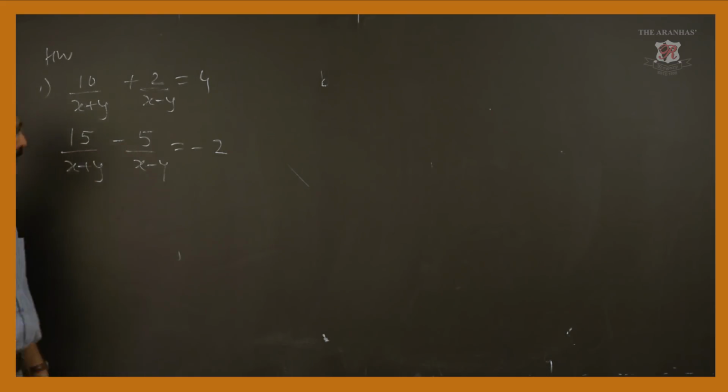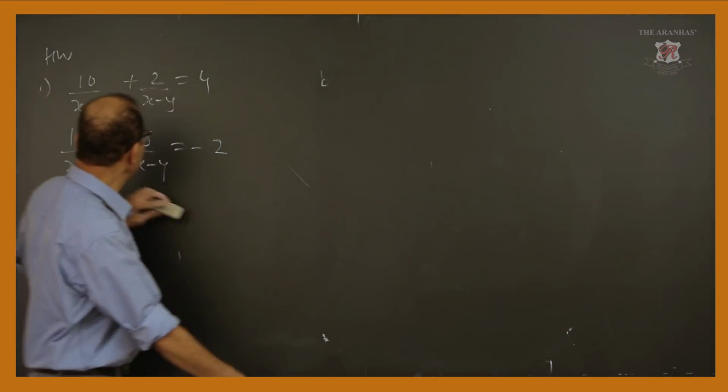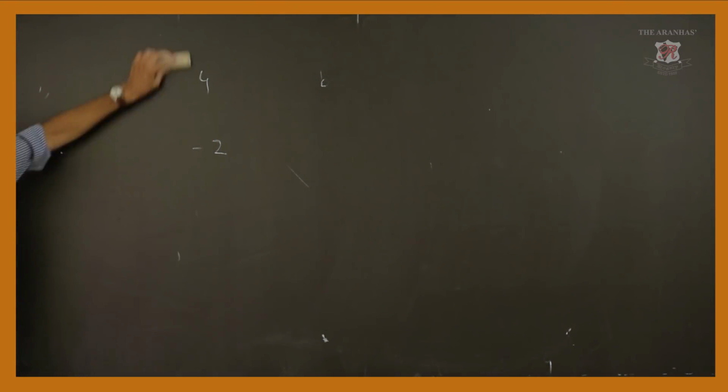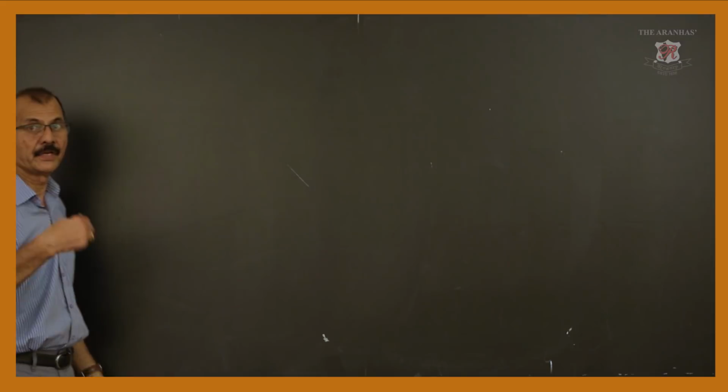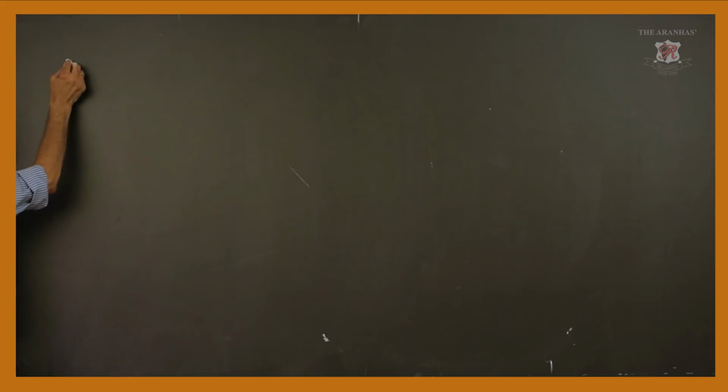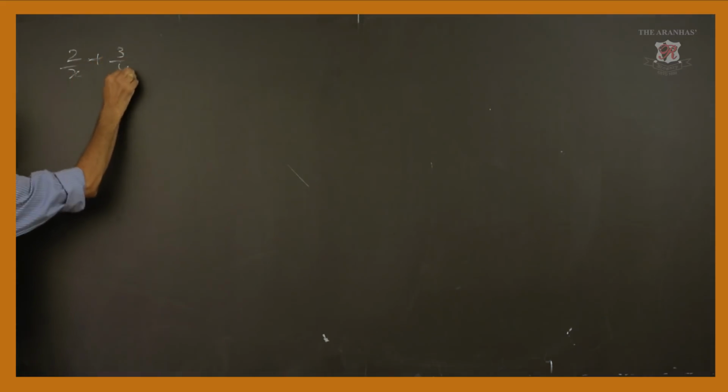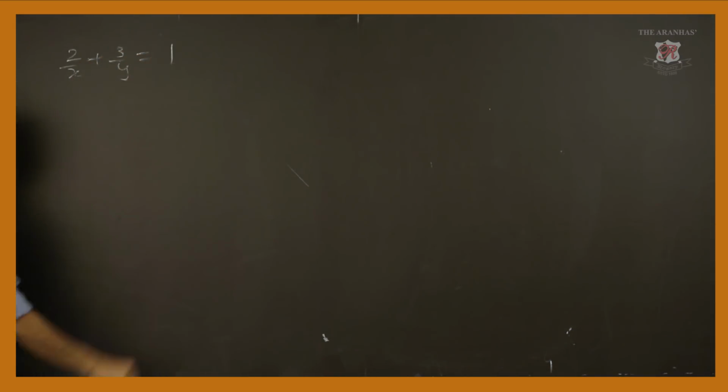So today we have seen how an equation which is not linear has been reduced to a linear equation. For example, I told you 2 upon x plus 3 upon y is equal to 1. So this was not a linear equation.